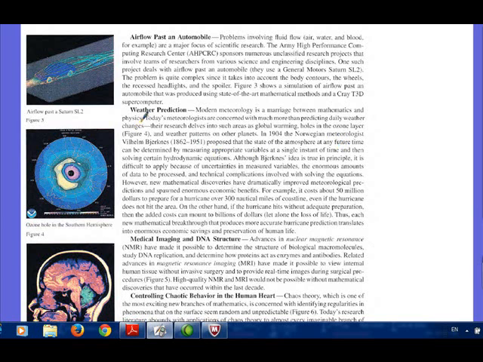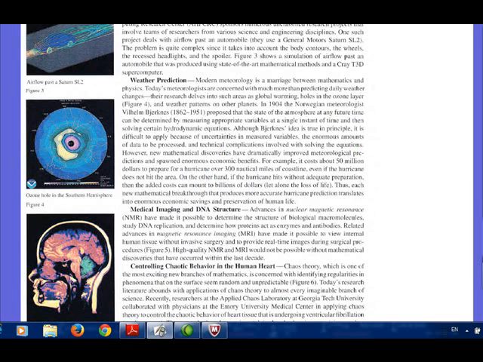In weather prediction, scientists use calculus to make accurate weather predictions, which is a very big problem in daily life. Also, calculus takes a hand in medical imaging and DNA structure, and in controlling chaotic behavior in the human heart.